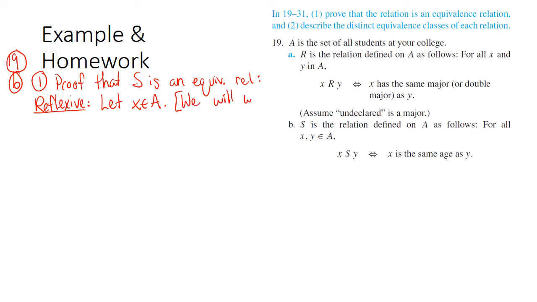We will show x is related by S to x. Okay, so how are we going to do that? Well, I just need to have that x is the same age as x, which of course is always true.